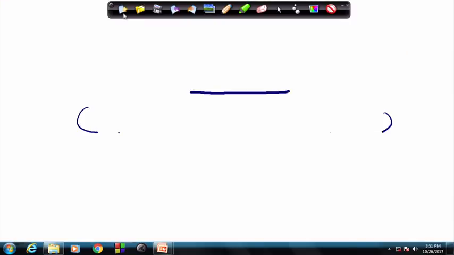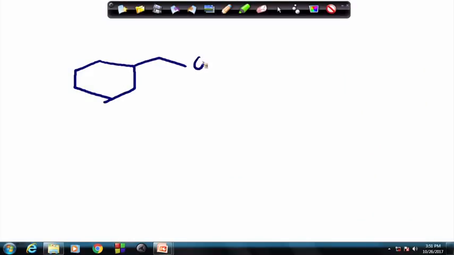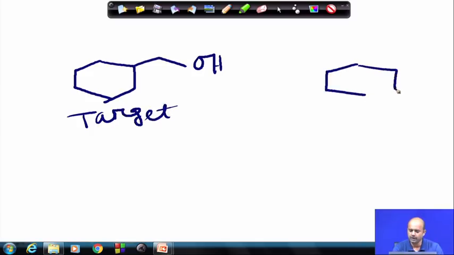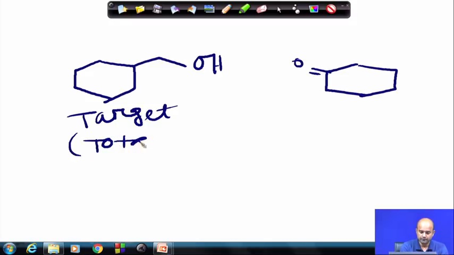Let us see a simple example. I said you have to make a molecule, and this is the target molecule, and this is your starting material. So, this is your total synthesis target, and this is your starting material.